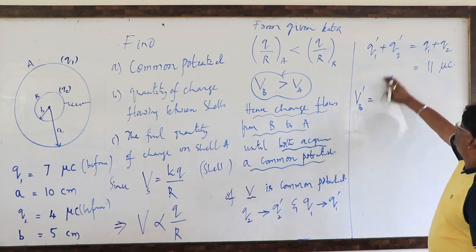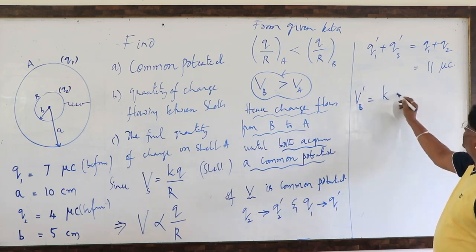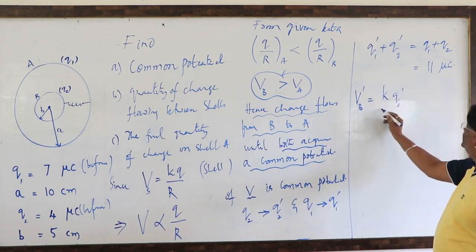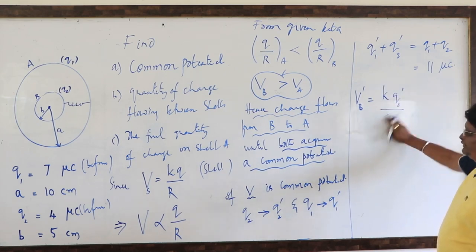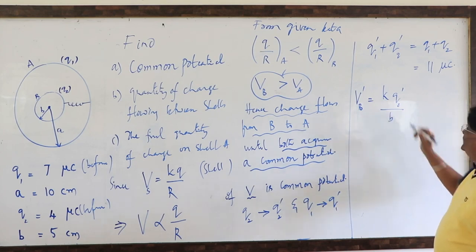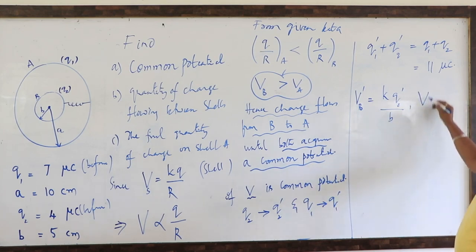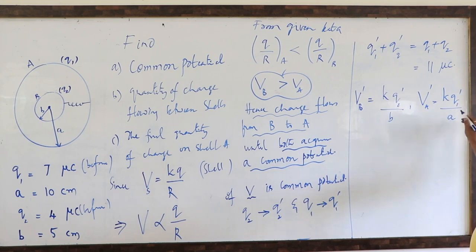First let me write VB dash is equal to K Q2 dash by the radius, which is going to be B, right? And VA dash is equal to K Q1 dash by A.